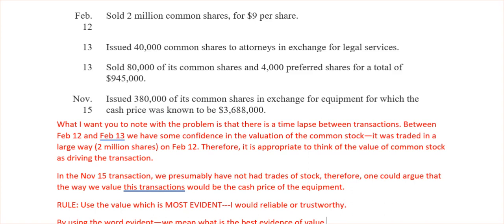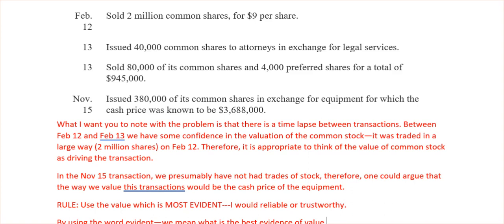record the transaction. And the third one, this also is very close to the date of February 12th. But we are offering here, we are selling both common shares and preferred shares in a bundle, I suppose.